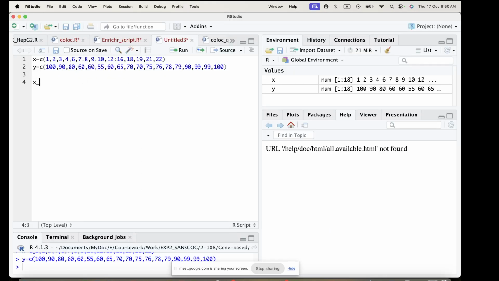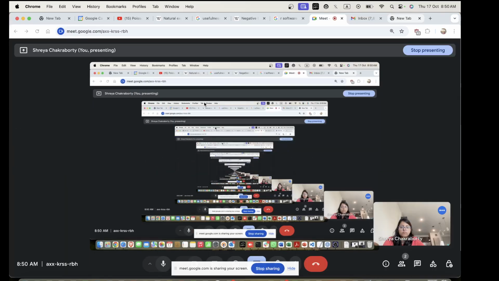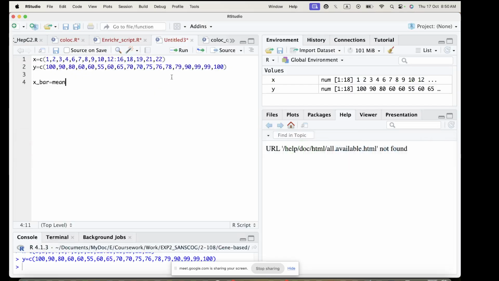So let's write x bar equal to mean of x, all right, and then x1 equal to x minus x bar, x2 equal to x1 square, and x3 equal to x1 cube.